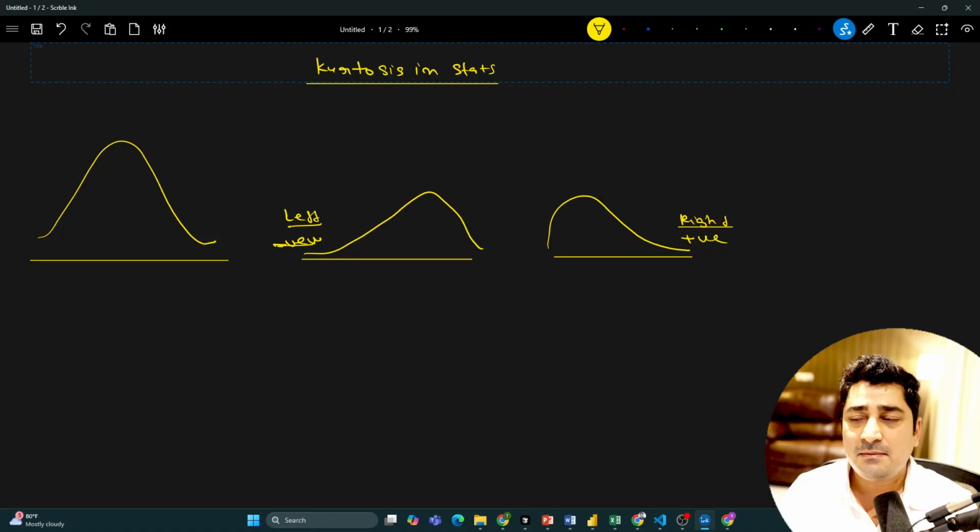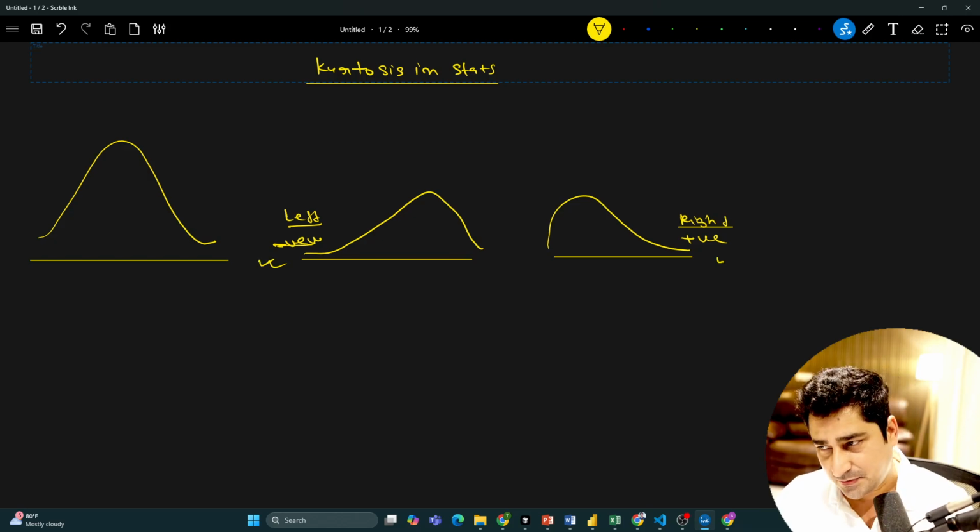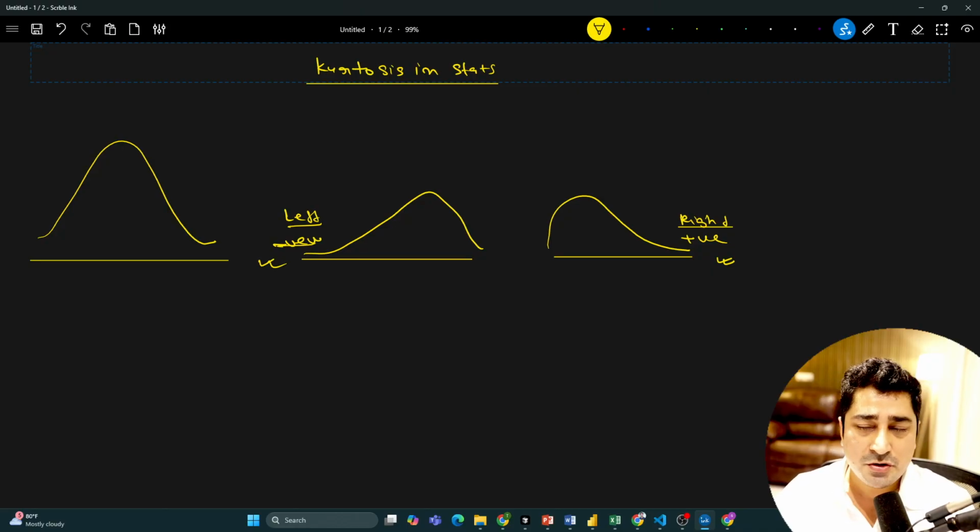But before that, I believe you should understand that kurtosis is not something which is going to talk about the direction of the data, like this one or like this one, that in which direction my data set is skewed. It is not going to say that in the left hand side direction or in the right hand side direction my data set is skewed.